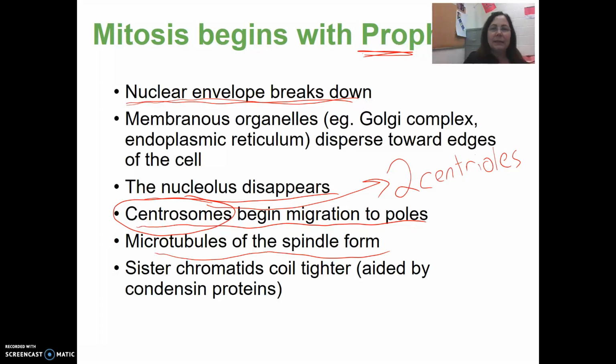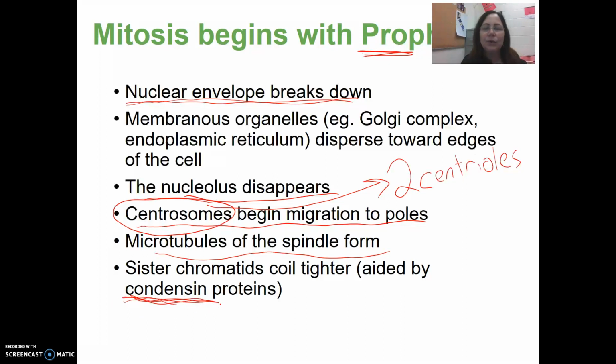And let's see, another thing is that I don't really like the way it's worded in the notes. It says at the bottom, sister chromatids coil tighter, aided by condensin proteins. Now, condensin is a term that I've seen on the study guide questions.